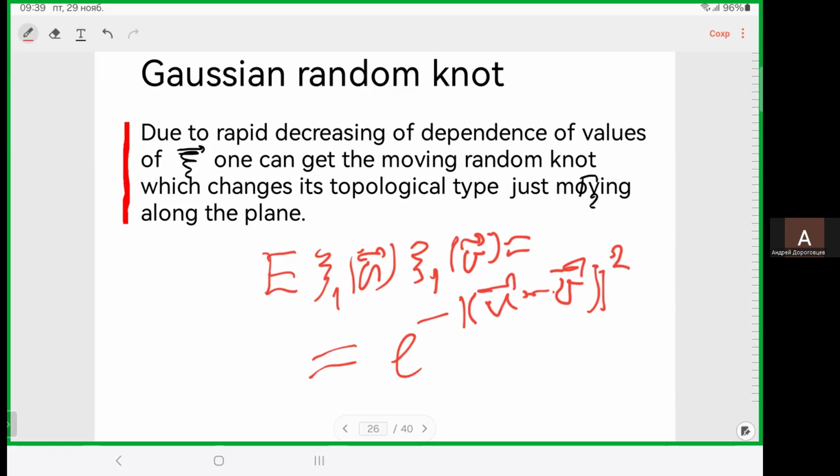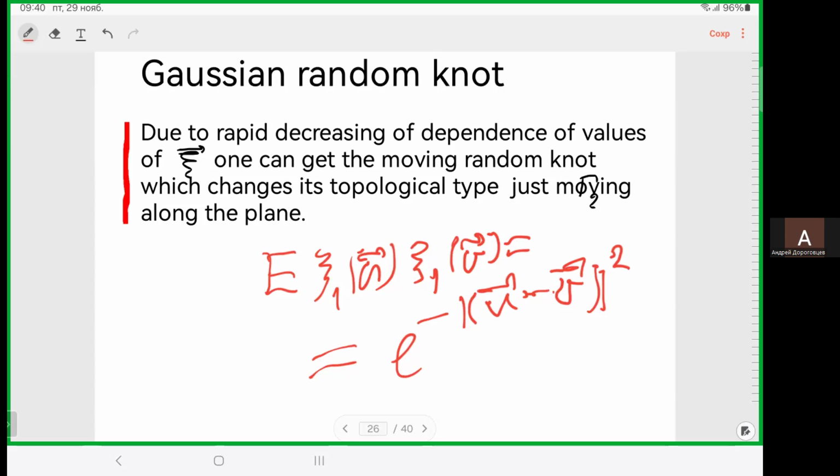So if we have our initial curves placed far enough from one another, then the images are almost independent random curves, so they can have different topological types with positive probability.